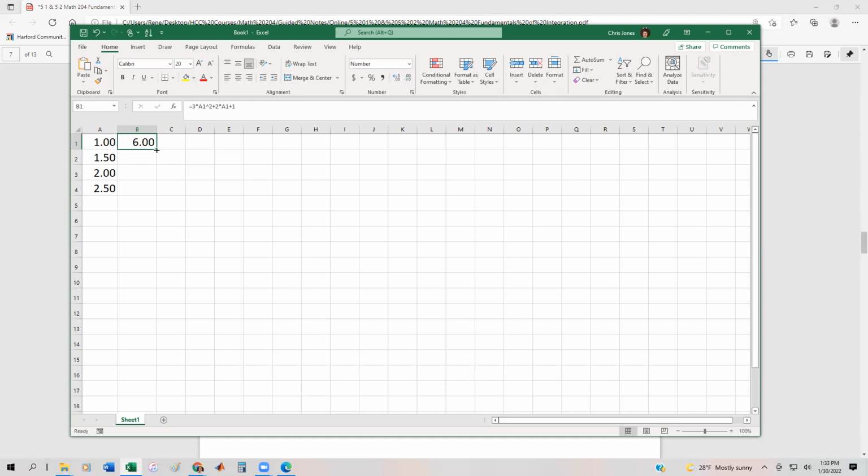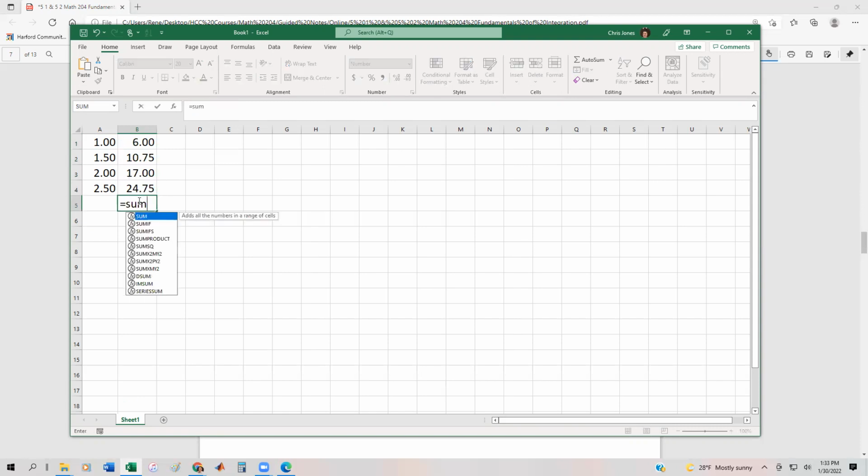I'm just going to take this box and drag this down, and that gives me all of the values. So this is f at 1.5, f at 2, f at 2.5. And then finally, I'm going to add these up by using the function equals sum. So 58.5 is not the area, but it's the sum of the function values at the left endpoints.